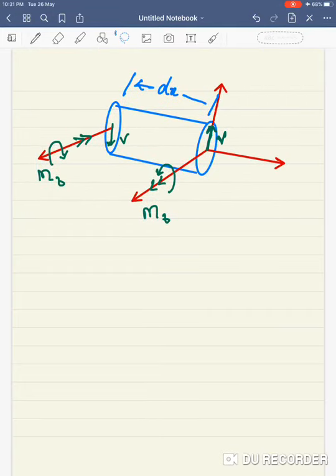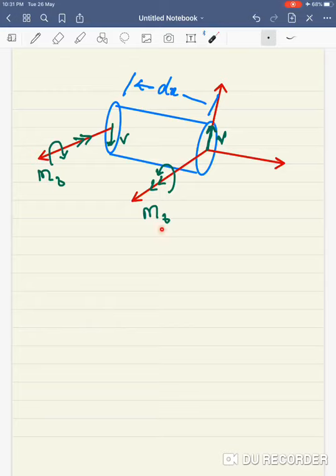So this is our differential element dx along the length of the beam. This is x, this is y, and this is z. We have a shear force present, we have a bending moment present.